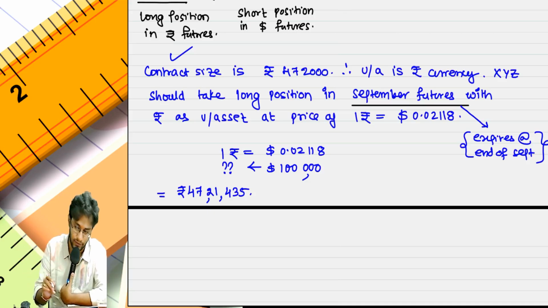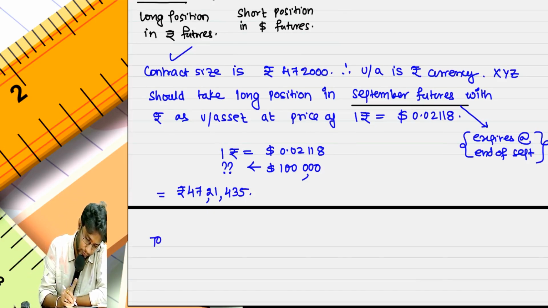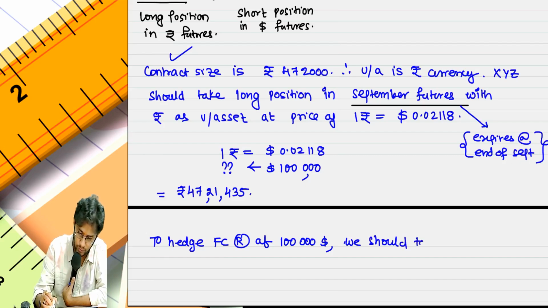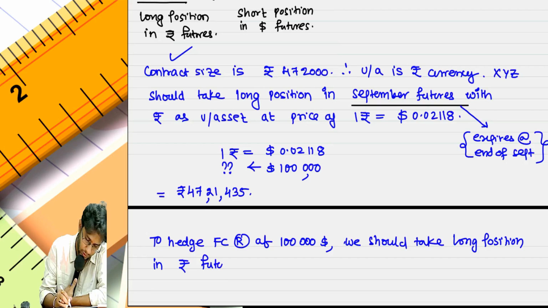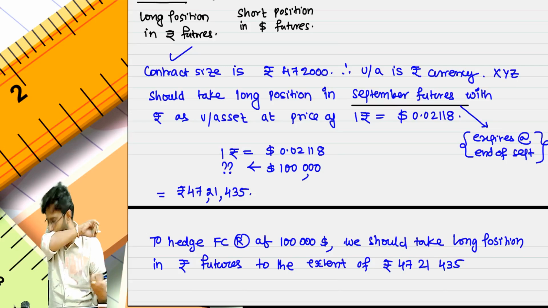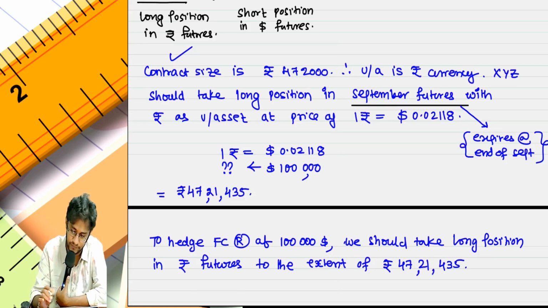What is the meaning of that calculation? It means that to hedge the FC receivable of $1 lakh, we should take a long position in rupee futures to the extent of this number, 47,21,435.